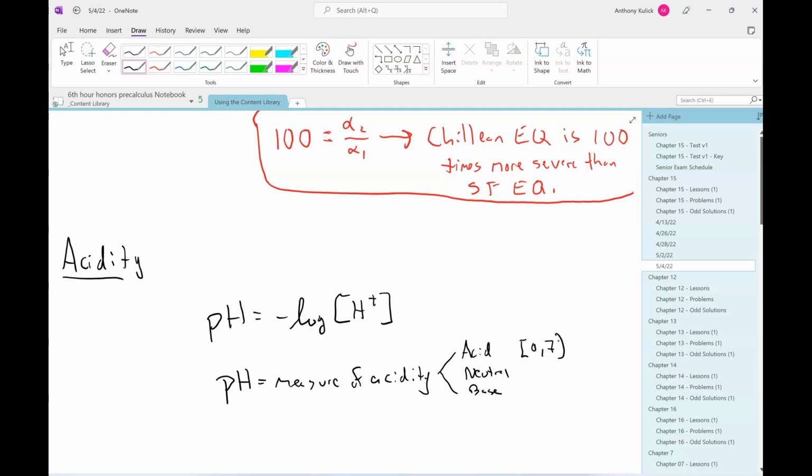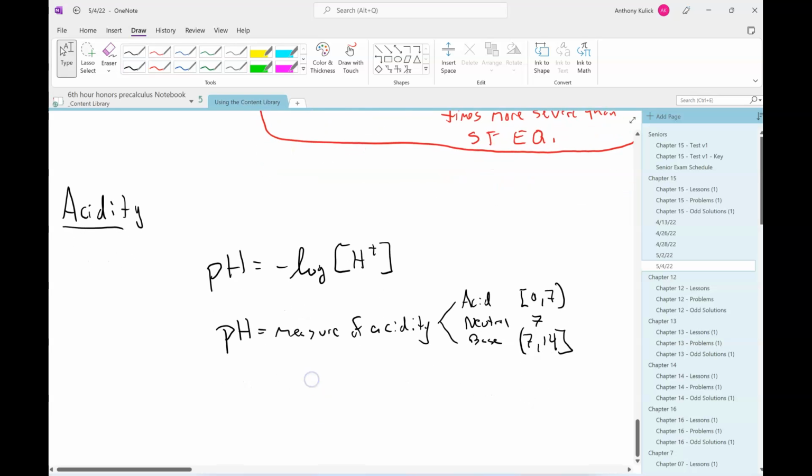Neutral is 7. And then bases, 7 to 14, right? Good job remembering. And then when I write a chemical compound but I put the brackets around it, what does the bracket indicate? It means we're talking about the concentration.